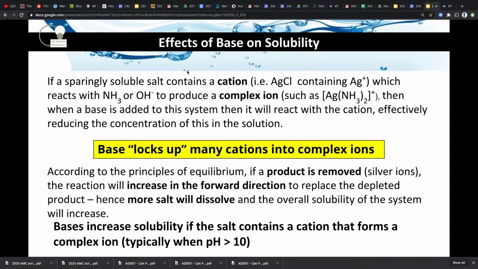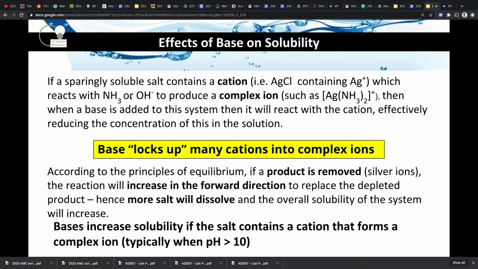Now, in this case, ammonia is a base. So we're looking at the effects of this type of base on solubility. And in this scenario, ammonia or hydroxide, in a lot of cases, will form something called a complex ion around select transition metals. I'll go into what a complex ion is in just a minute.